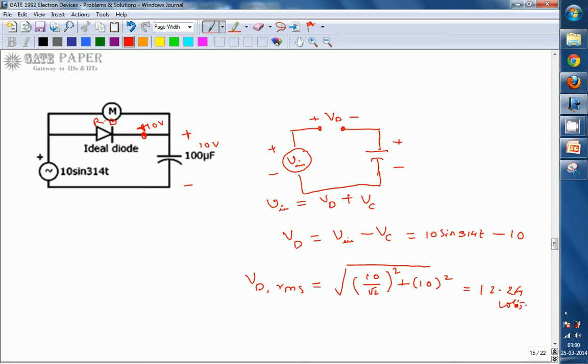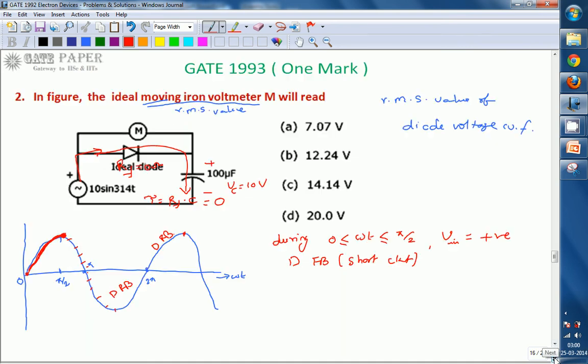So the value shown by the meter, which measures only the RMS value across the ideal diode, is 12.24 volts. So the right option for us is B. 12.24 is the answer.